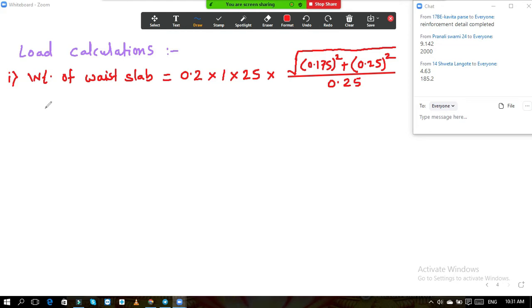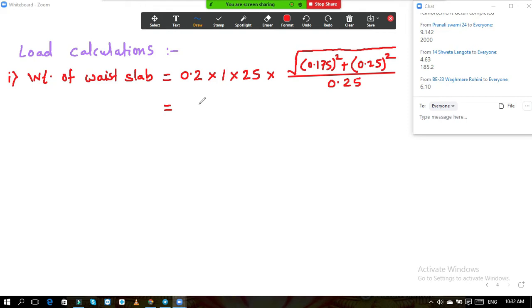So now if you solve, you will get the weight of waist slab 6.10 kilonewton per meter.